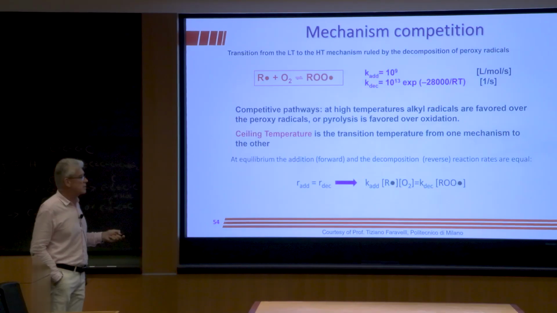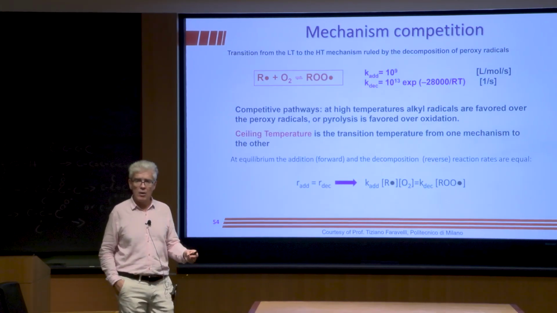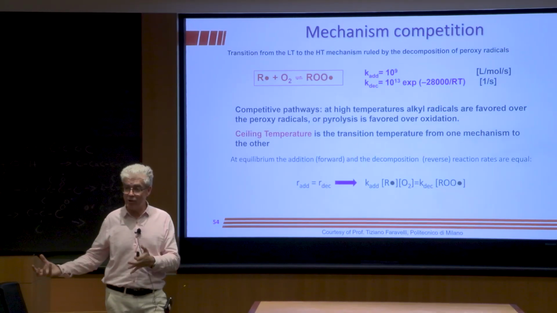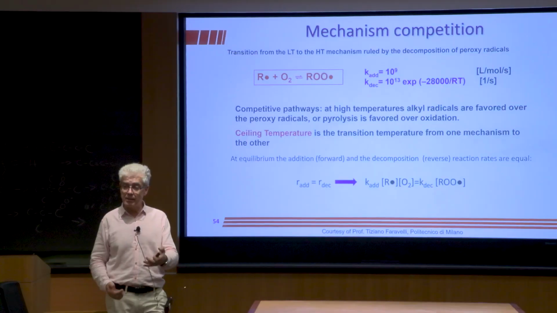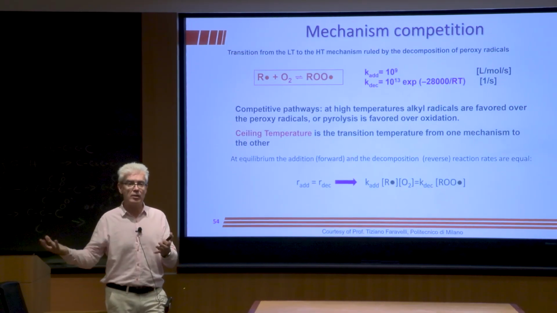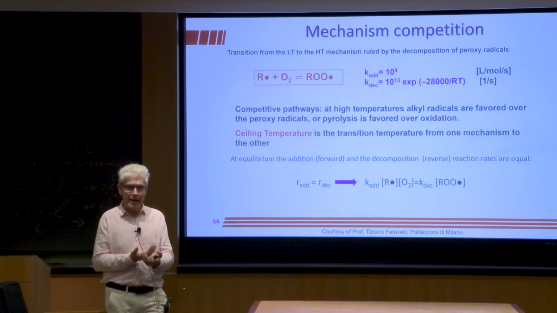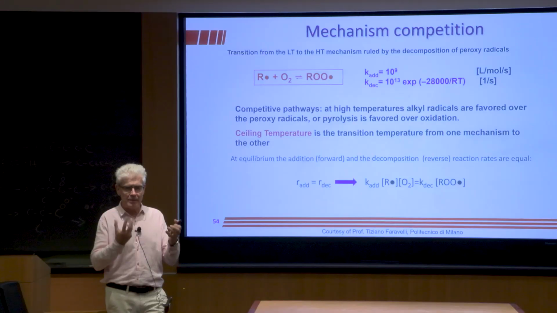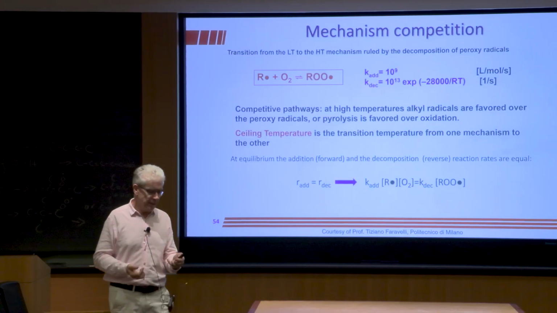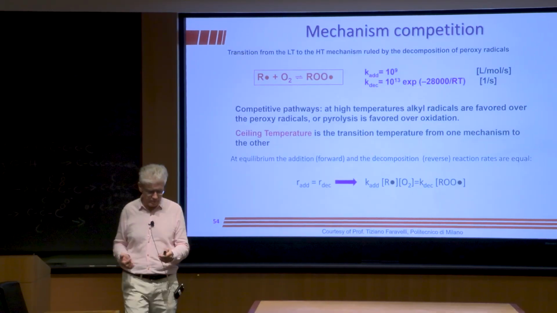So alkyl radicals, again, because of what I showed you here, if you have R giving you an olefin plus either methyl or H, that's unimolecular because the rate of reaction is equal to the rate constant times the concentration of R, right? If it's reacting with O2, the rate of that reaction is equal to the rate constant times the concentration of R times the concentration of O2. And you can see that the concentration of O2 can limit you by 5 orders of magnitude, right?